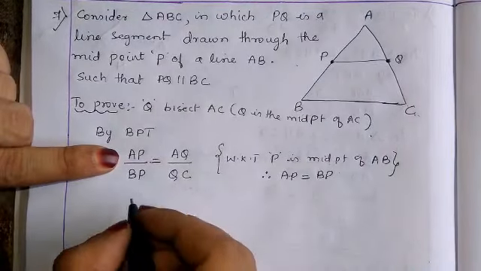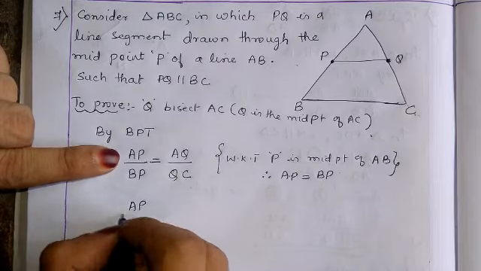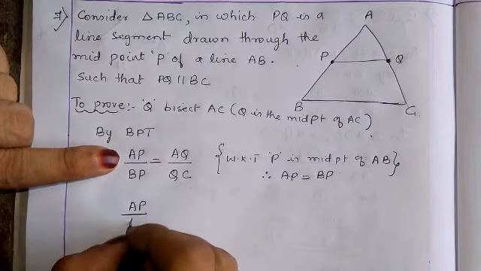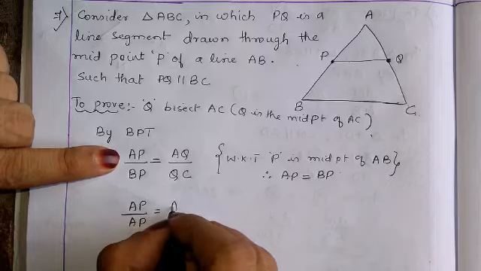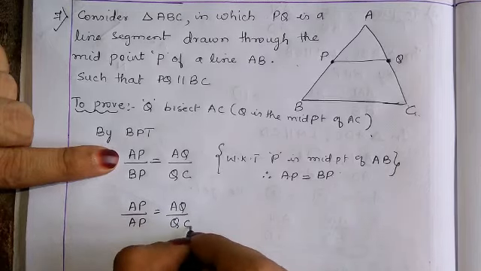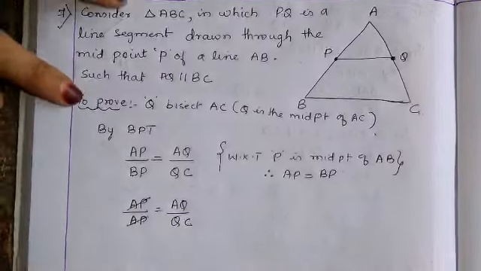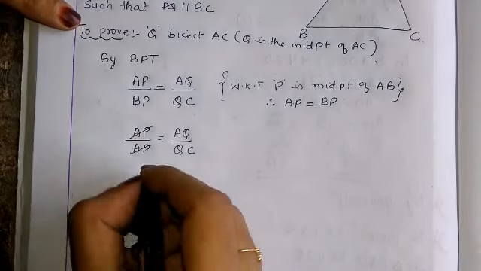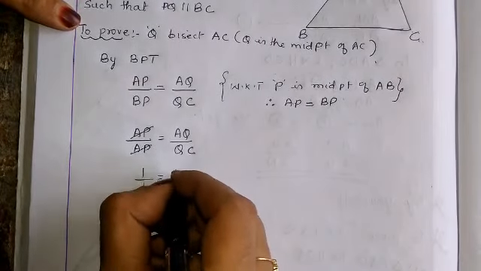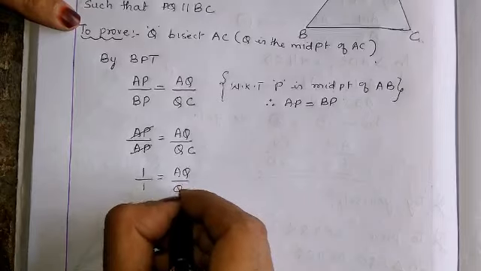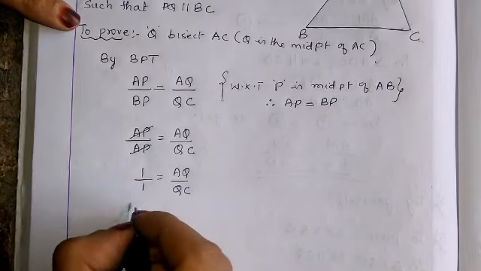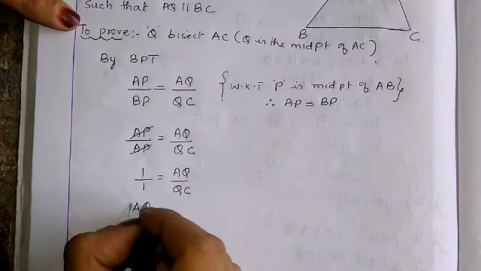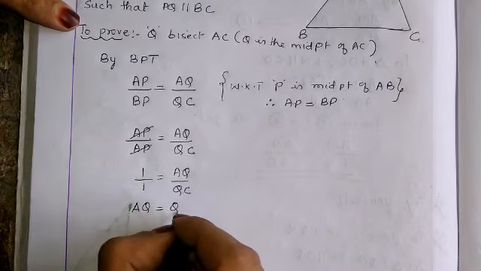So in place of BP also I will write AP, AP by AP is equal to AQ by QC. AP cancels, so 1 by 1 is equal to AQ by QC. Cross multiply: AQ into 1 is AQ, QC into 1 is QC.